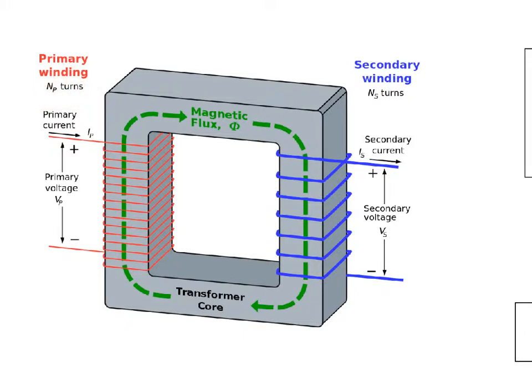The P is for primary. N sub S, number of turns in the secondary. V sub P would be the primary voltage, and then V sub S is the secondary voltage. So I sub S, secondary current, I sub P, primary current. Okay, so those are the symbols that we're talking about here.